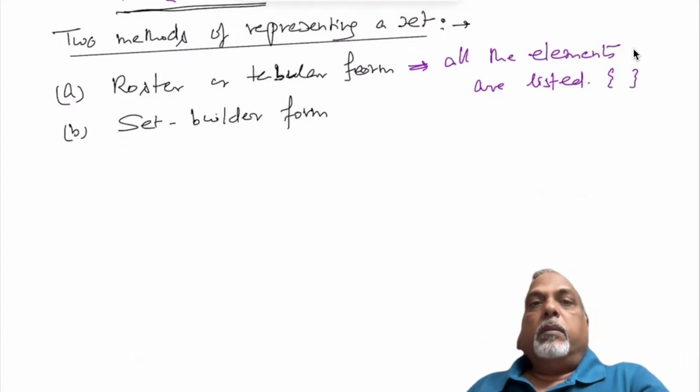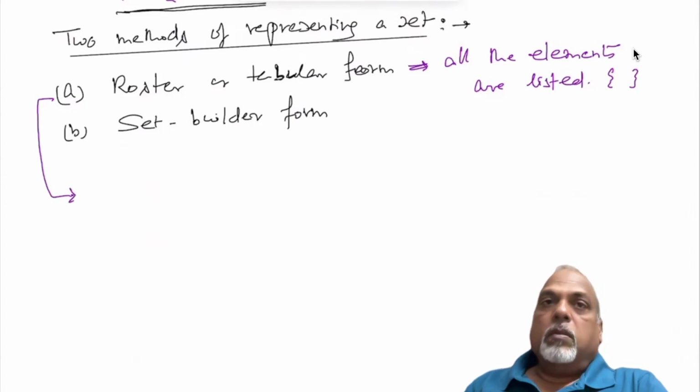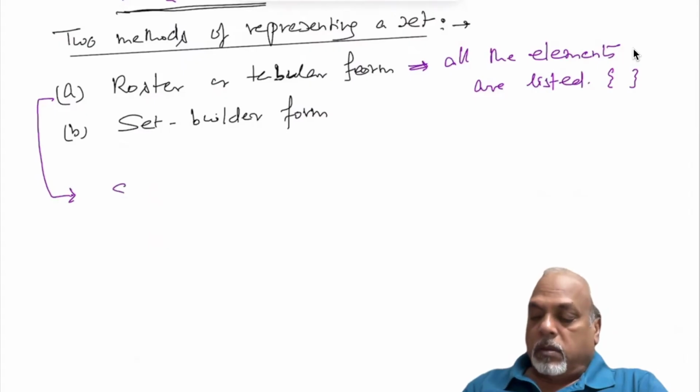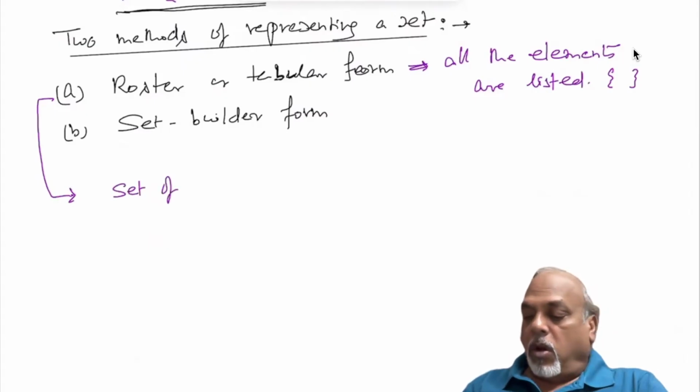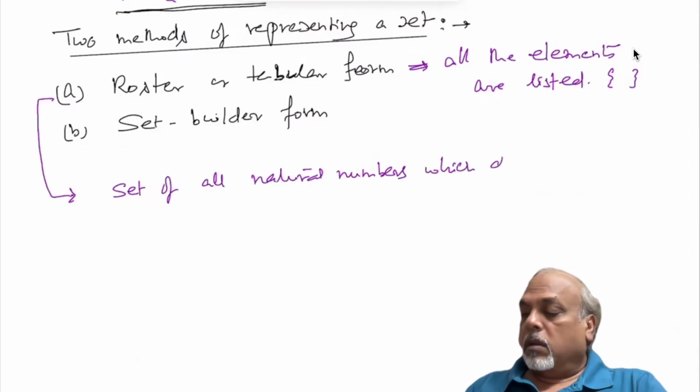Like, in roster form, the set of all natural numbers which divide 42.